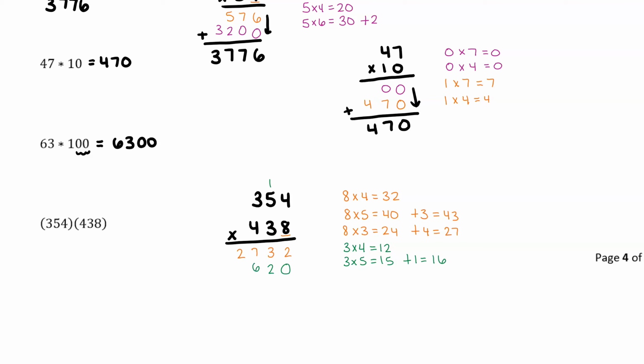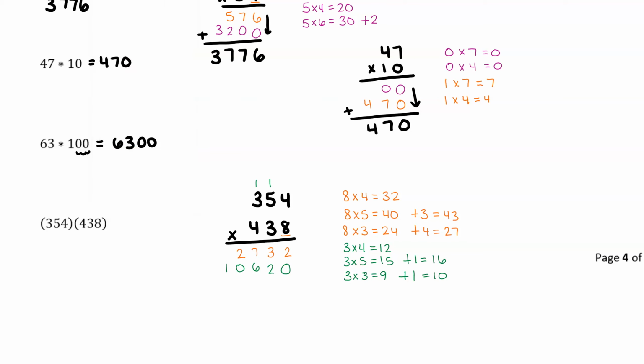So 6 comes down, 1 goes up. 3 times 3 makes 9, and then add the 1 to make 10. No other multiplying, so the 10 just goes right in front.